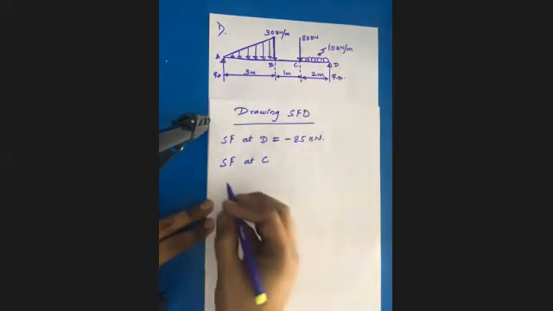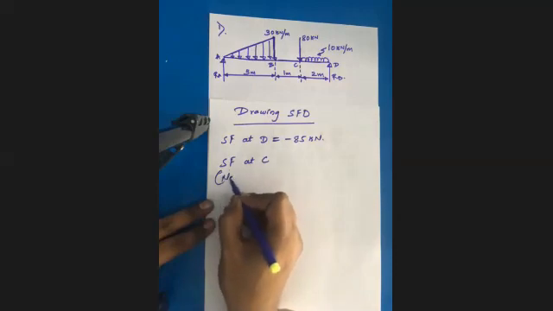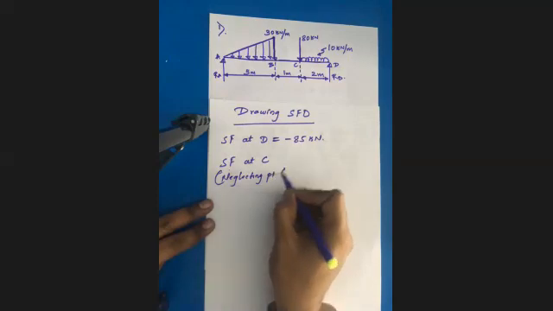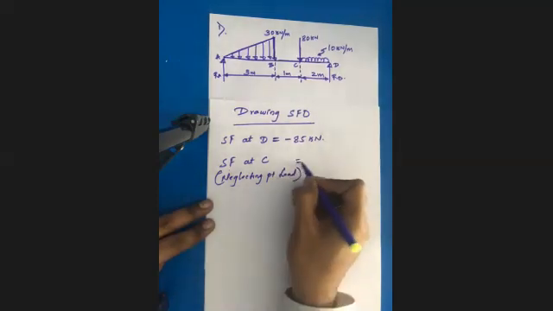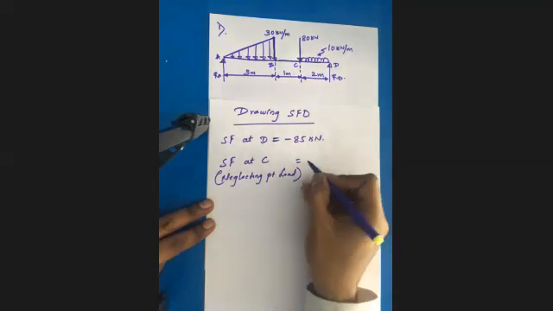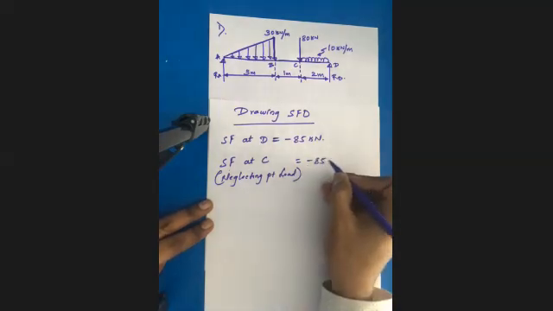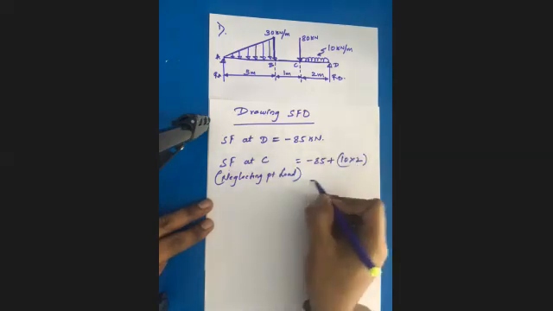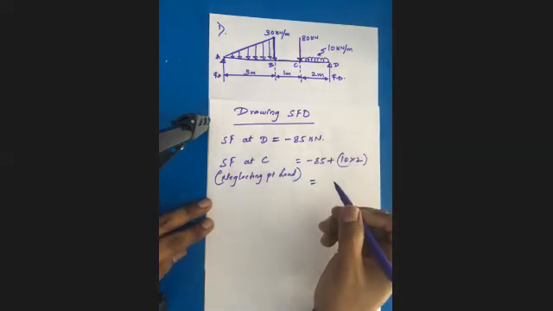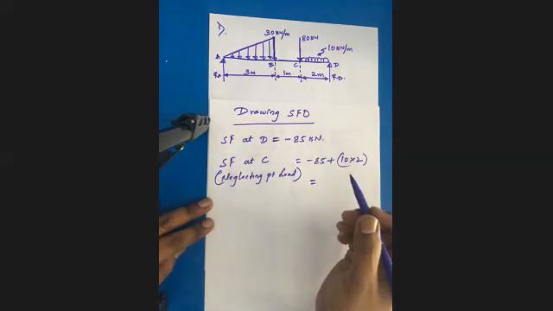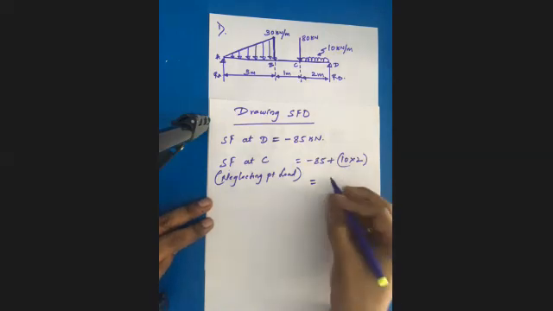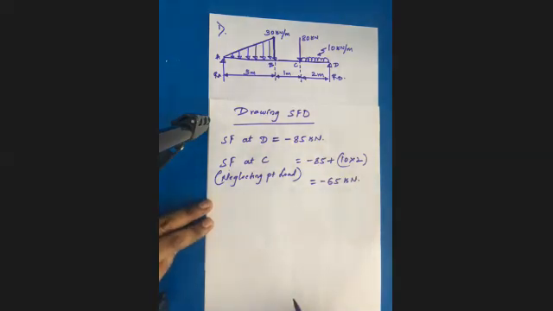So first I'll write SF at C, neglecting point load, and how much that will be? Minus 85 plus 10 into 2. That makes it minus 65 kilonewton.